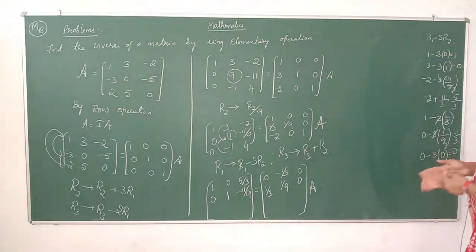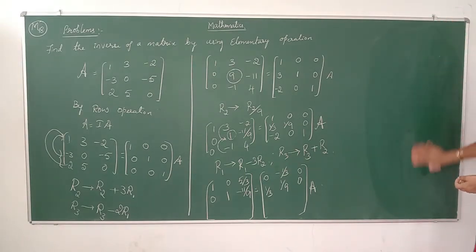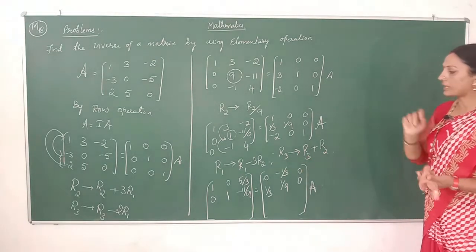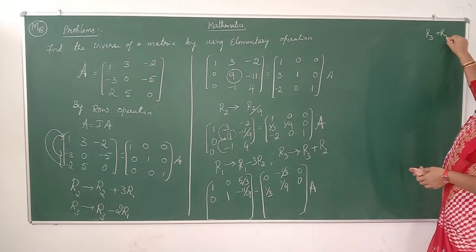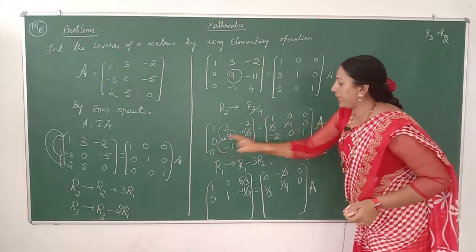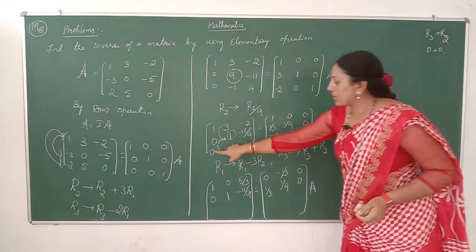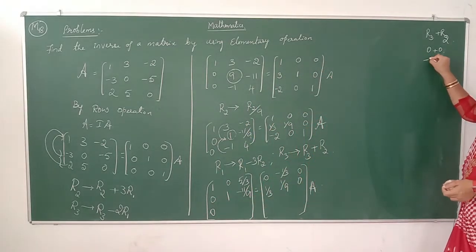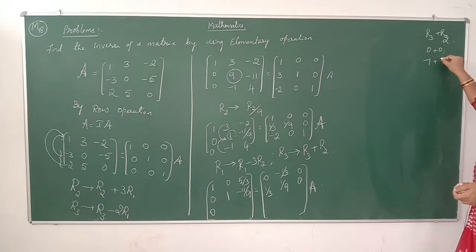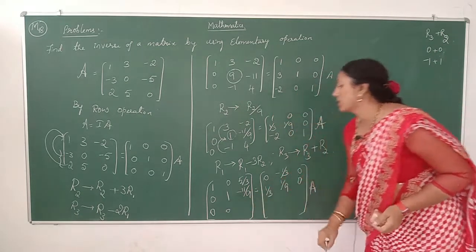So similarly, we can operate on the third row. So the third row, R3 changes with R3 plus R2. Now R3 is 0, corresponding R2 is also 0. 0 plus 0 is 0. Again, the second element R3 is minus 1 plus corresponding R2 is plus 1. Plus 1 minus 1 is 0.